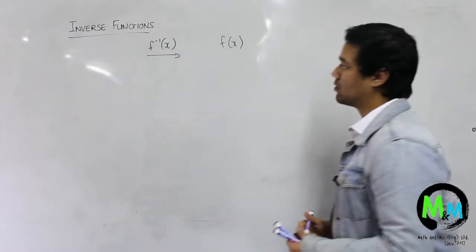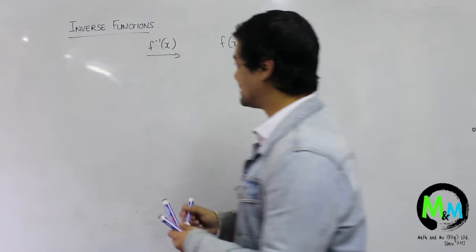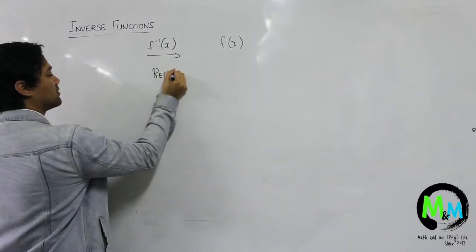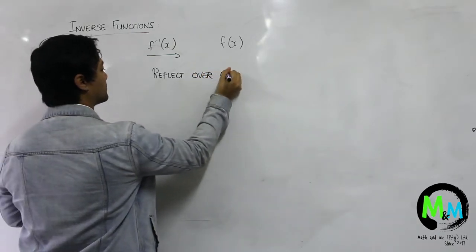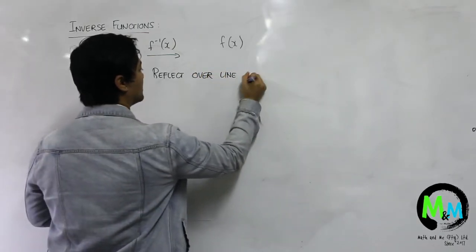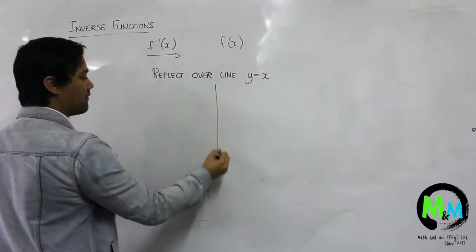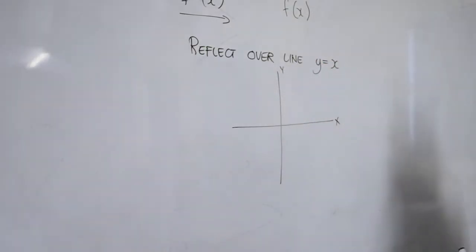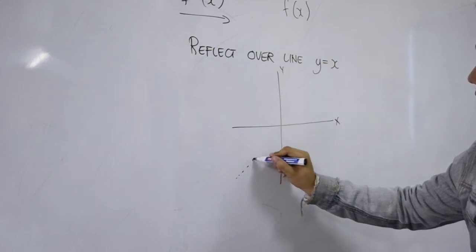What is happening when we are inversing a function is that we are reflecting our function over the line y is equal to x. If we have my y-axis and my x-axis, the line y equal to x goes right through there.